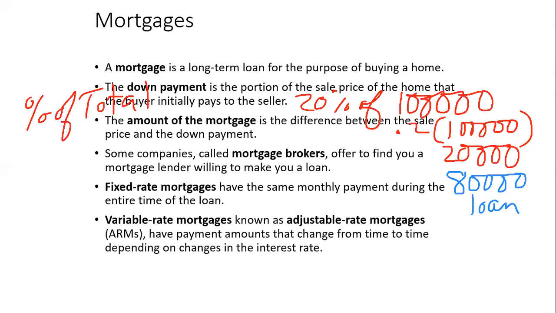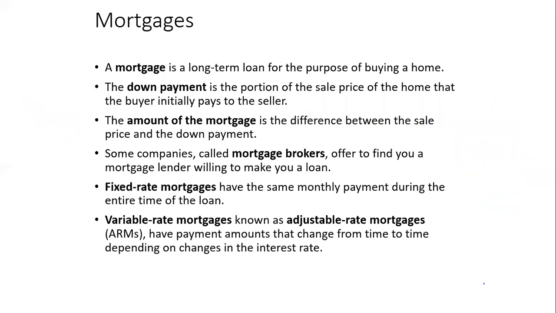Your loan is not the cost of your house. It's the cost of the house minus the down payment that you put up before the loan. Which is what the next line says: the amount of the mortgage is the difference between the sell price and the down payment.